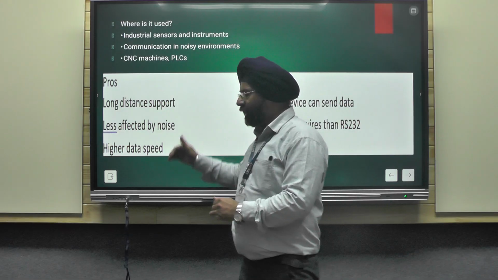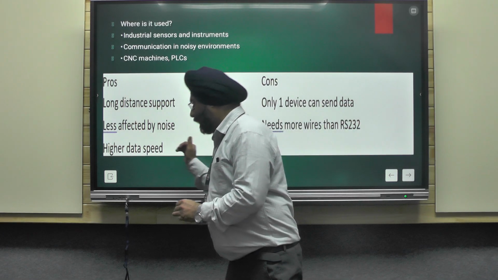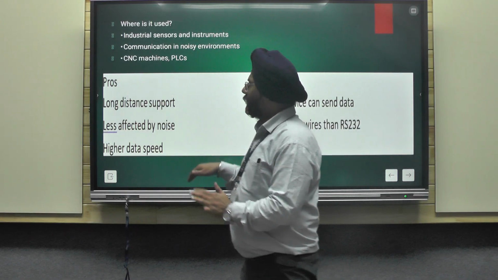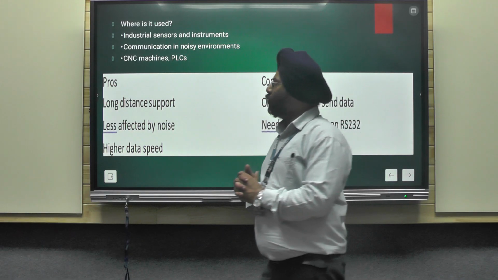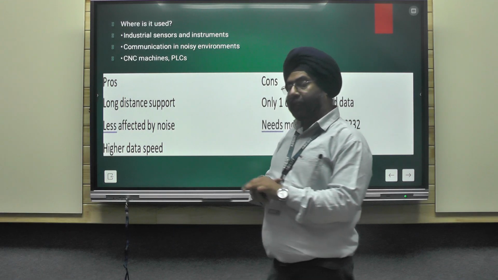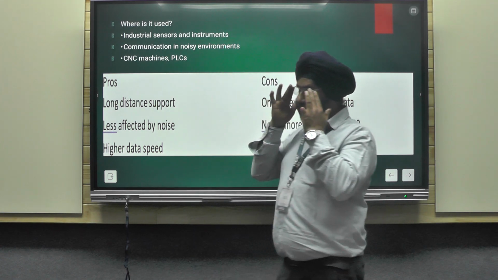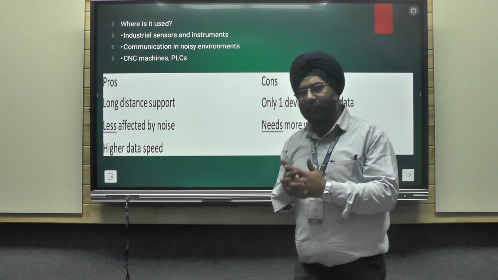In the second, we have decreased it by using the differential pair. Higher data speed. These are the positives in the second recommended standard, and it is used in industrial sensors, instruments, communication. It can communicate in a noisy environment, and it is applicable in CNC machines, PLC machines.